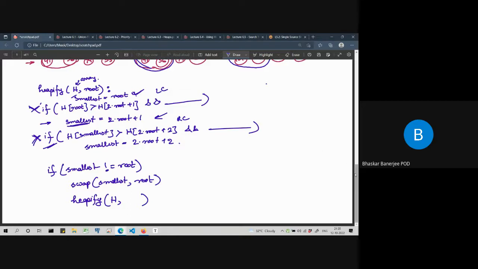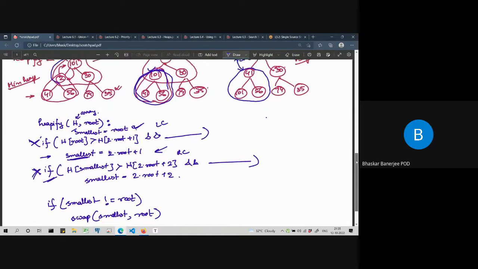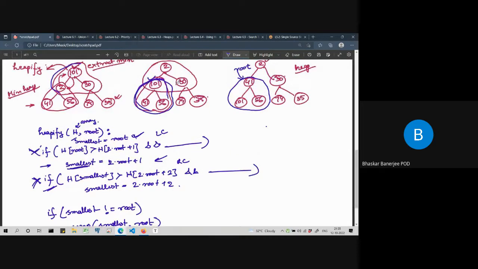On which node are we doing the swap? 2 of root plus 1. Okay, 2 of root plus 1 would be in this case, that is correct. Smallest. Correct. So we are actually doing that with the smallest one, because I'm swapping the root with the smallest, and then I would again call heapify on the smallest one.